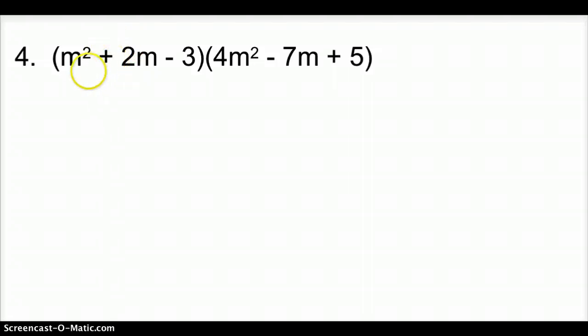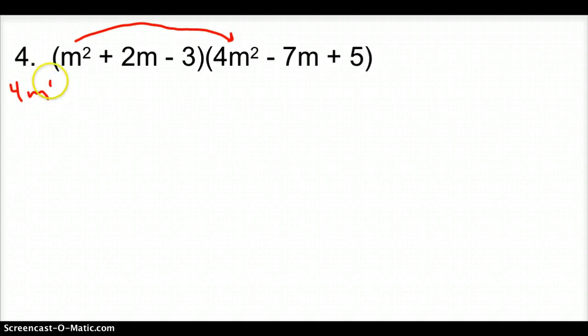Now we have two trinomials, a trinomial here and a trinomial here being multiplied together. Don't panic, it's exactly the same as number 3, just with an extra term. It's exactly the same as what we did yesterday, just with an extra term here and a term there. So follow the same process. I'm going to start right here, and multiply it to that to give me a 4m to the fourth.